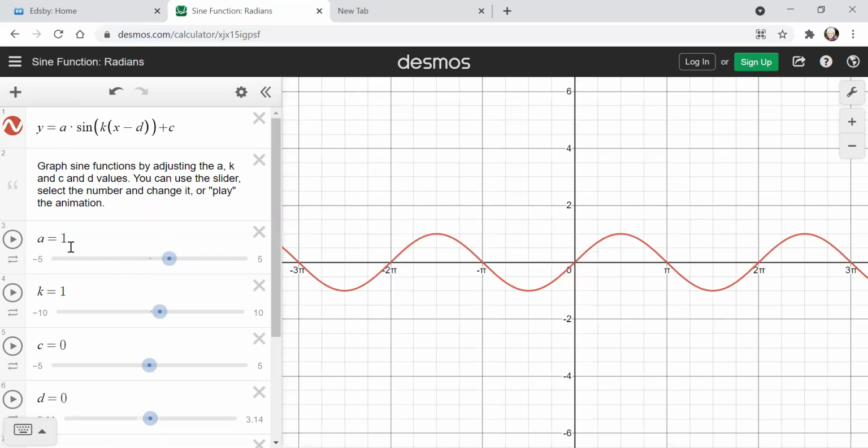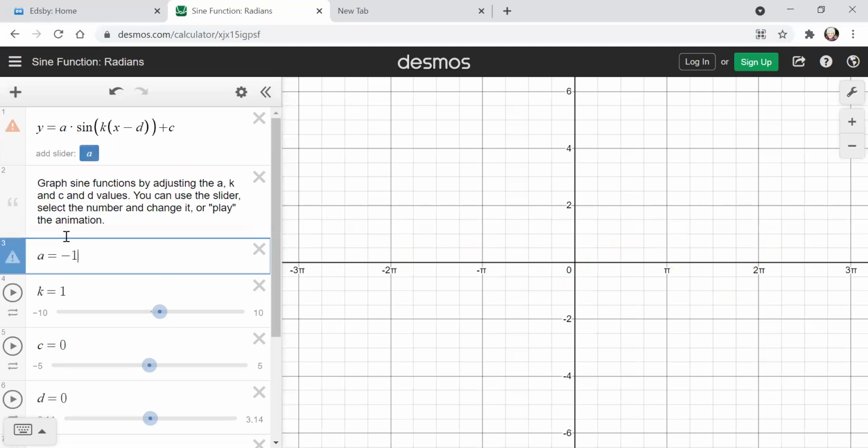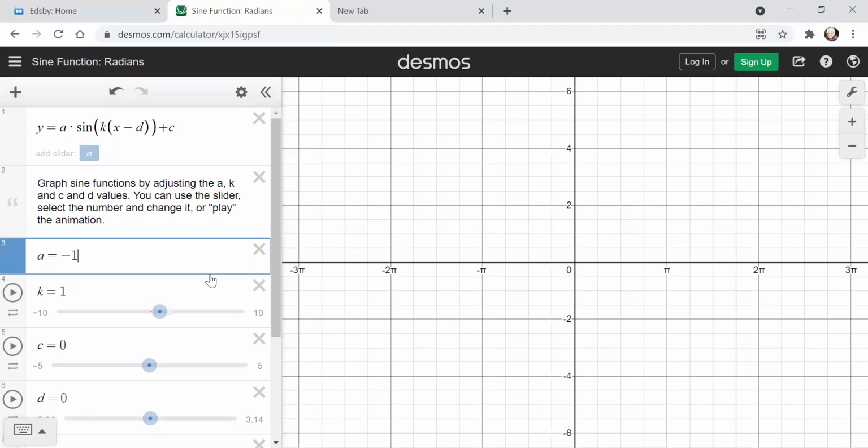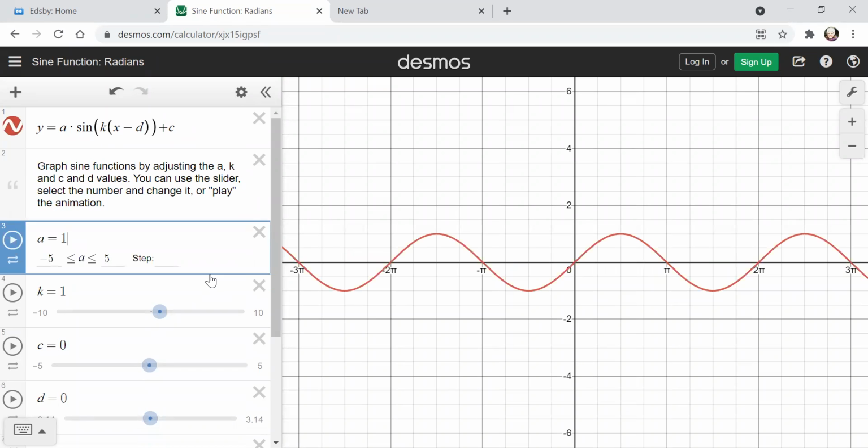What we're going to be doing is making A -1/4. So you can either type it in, or you can grab the little slider and slide it to -1/4. What do you guys notice happened to my graph? So let me change it back to 1. Okay, and now watch what happens to my graph.